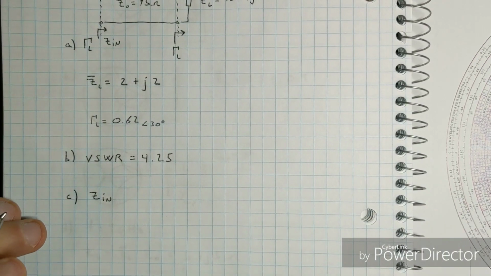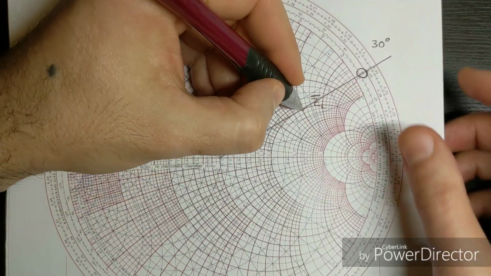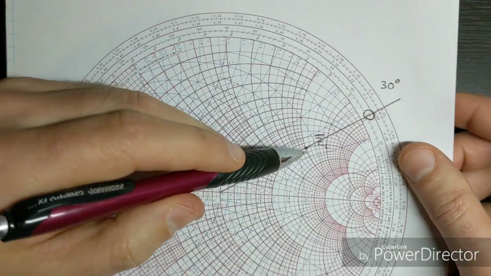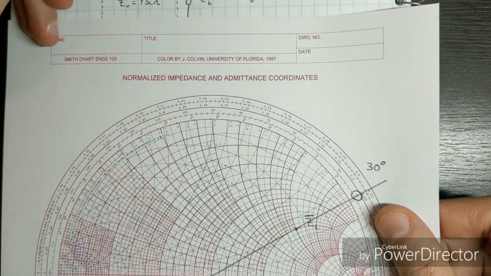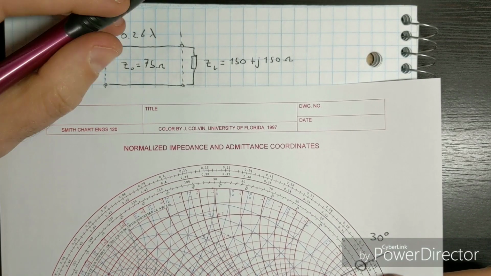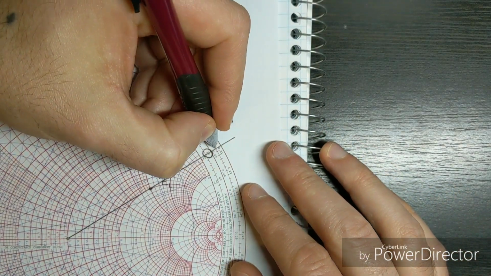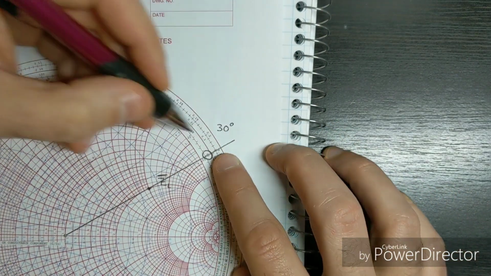So we can go back to our Smith chart. We have ZL, and we know that our transmission line is 0.26 lambda long. So we just need to read where we start this point here in wavelengths.